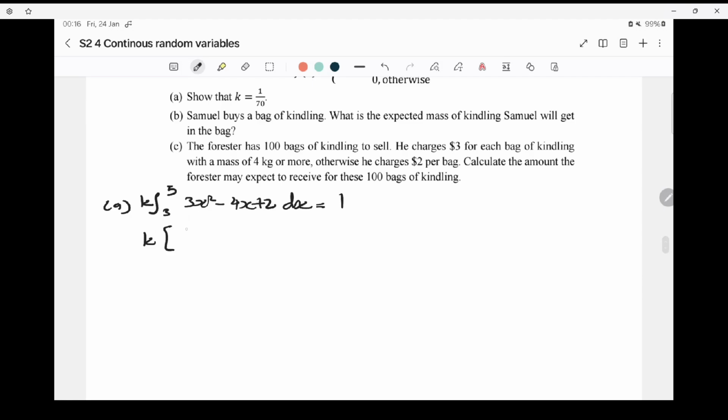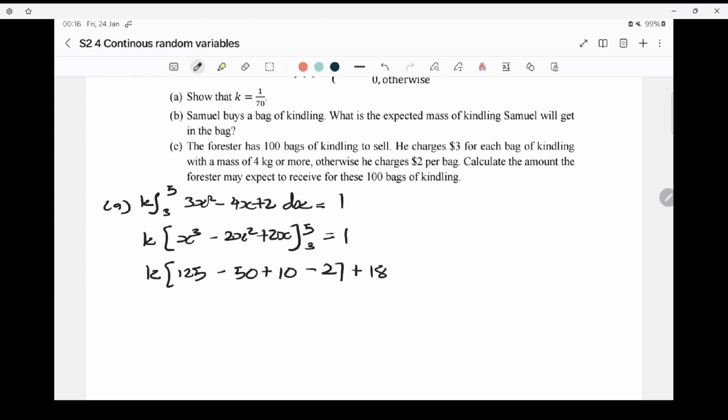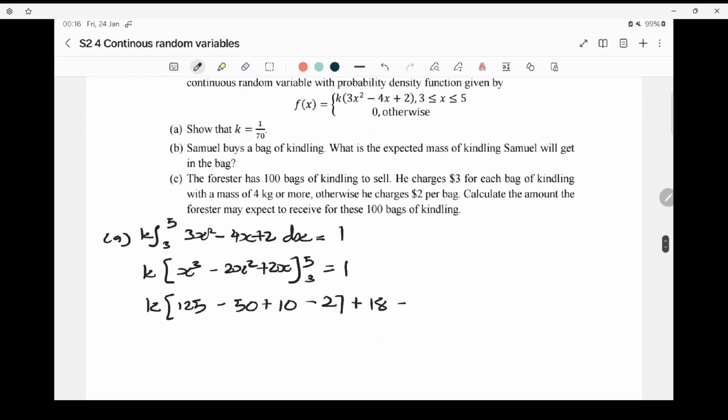So integrating the whole thing, this will be x cubed minus 2x squared plus 2x. Then substitute the values of 3 and 5 inside. So this will be 125 minus 50 plus 10, minus 27 plus 18 minus 6.